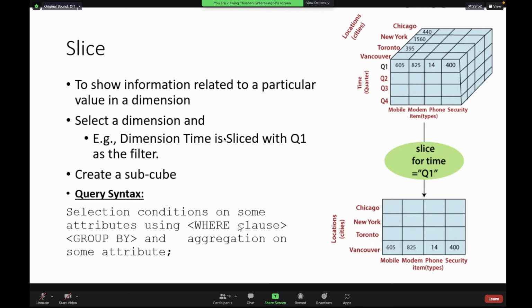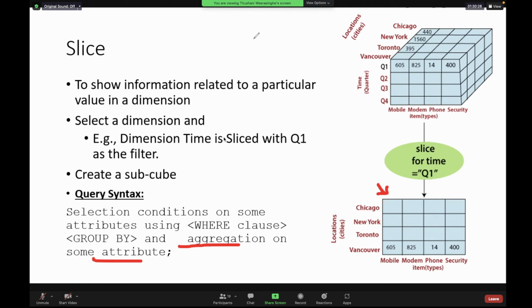So here you have the selection condition on some attributes using a where clause, where this equals that, and then group them by some category, and then aggregate them on some attributes. So you can investigate a subcube of the previously prepared cube, or the previous information that you have. A subcube, a small part, will be created depending on your requirement.